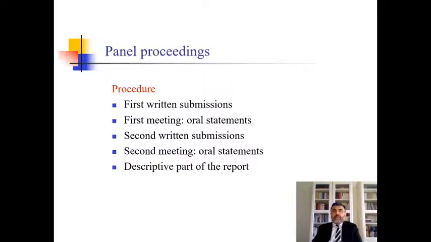In the third party session, it is similar. The parties to the dispute will be present at the third party session. The third parties will have the right to make an oral presentation to the panel, and the panel may ask them questions and so on. Let me also add that the third parties may also submit a written submission to the panel prior to the first meeting.